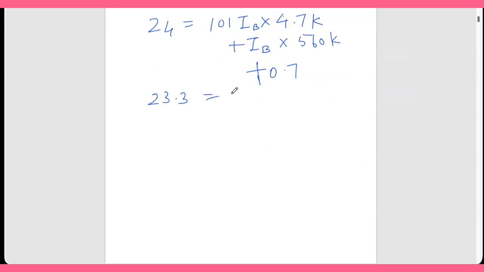Okay, now tell me. Sir, 1034.7, sir. So IB is, you divide 23.3 by 1034.7.